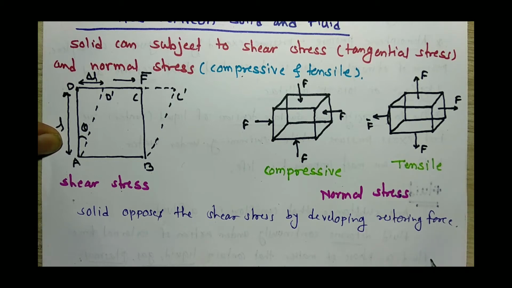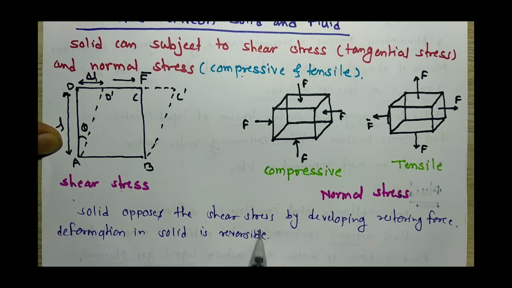What does it mean? That means when shear stress is applied on the solid, the solid molecules provide a restoring force, which opposes the shear stress. That means deformation in solid is reversible.